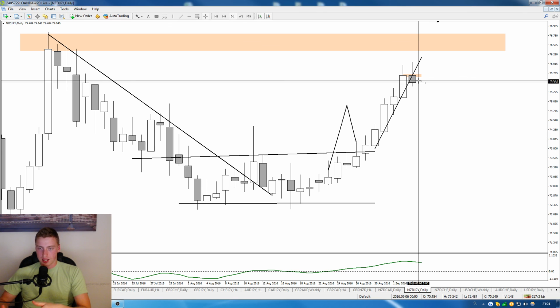If daily shows short and 4 hourly shows buy, this is a conflict, and you don't want to trade that, or only with tiny risk. These are aggressive trades. So 2 or 3 time frames, even better, have to align together. So that's it, guys.